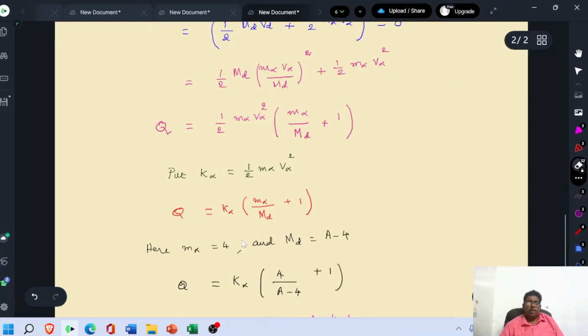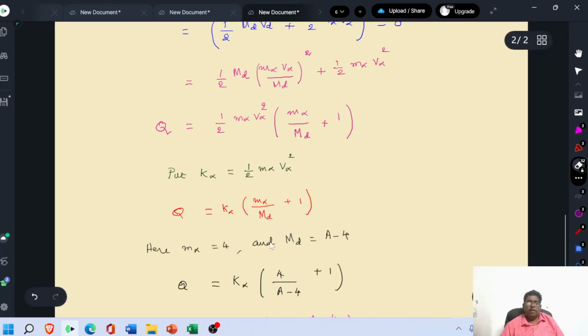Replace M alpha by 4 units, MD by A minus 4. Now substitute these values. Q equal to K alpha, instead of M alpha we have to substitute 4 because the mass number of the alpha particle is 4.